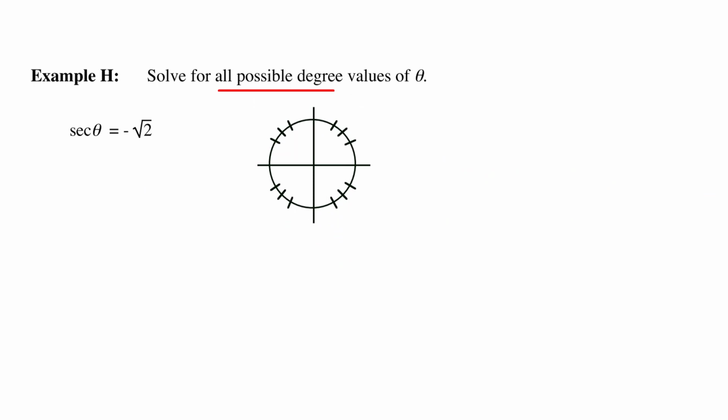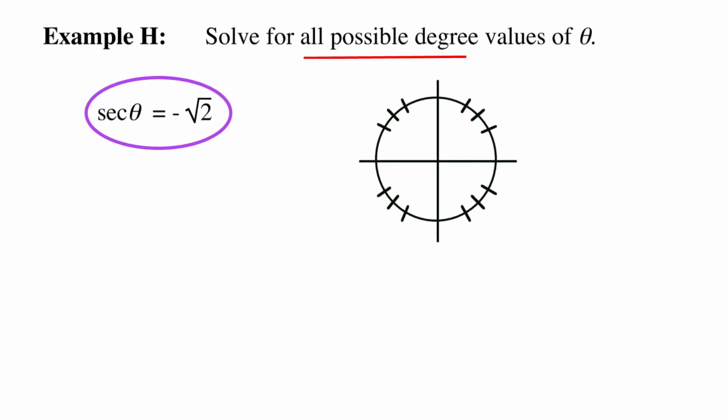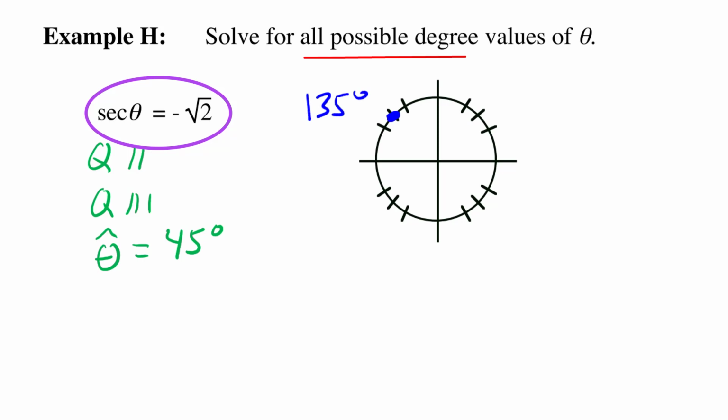Let's solve for all possible degree values of theta when secant theta is negative square root of 2. Secant is negative in quadrants 2 and 3, and it's square root of 2 at 45 degrees. So our angle measures here are 135 degrees and 225 degrees.